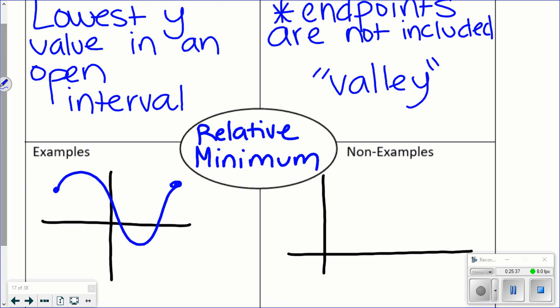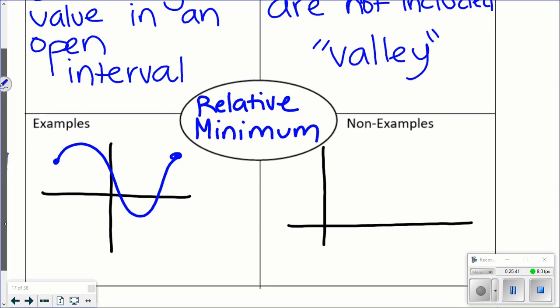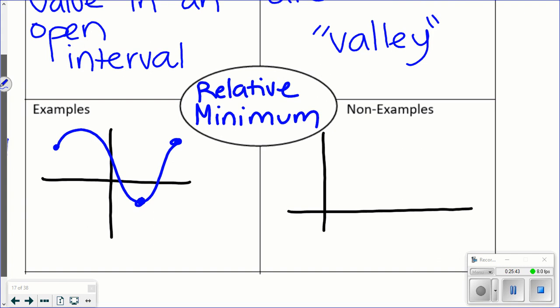See the valley? See the U shape? So right down here, this point would be our relative minimum. And let's just say that it occurs at -2.